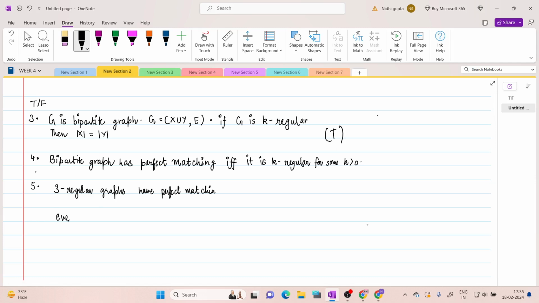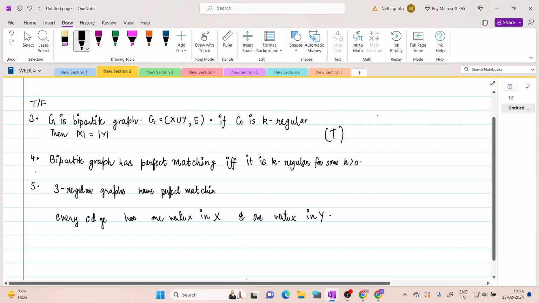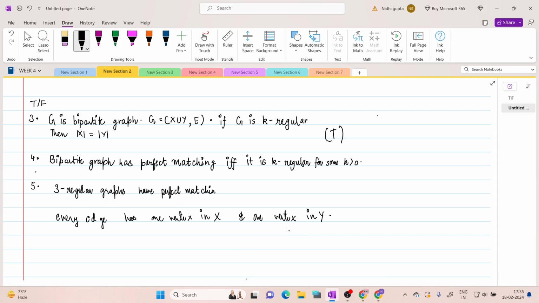So you're right. Every edge has one vertex in X and one vertex in Y, in a k regular graph.